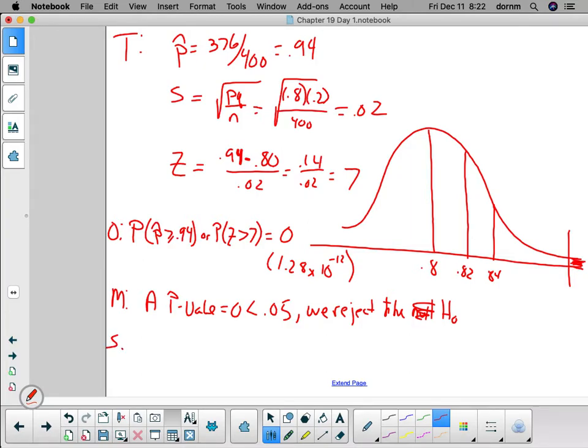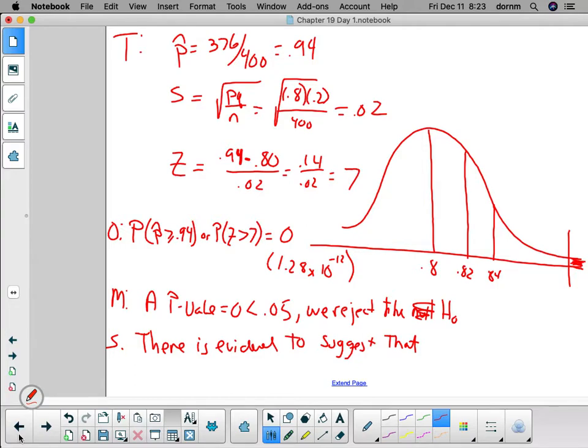Summary: there is evidence to suggest that. So when we reject, the conclusion is there is evidence. Not we have proven or we can show that. It's there is evidence to suggest.